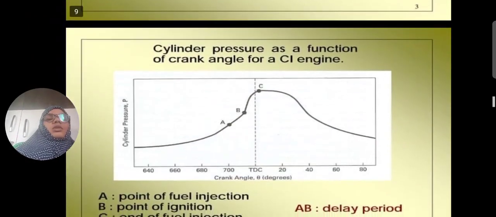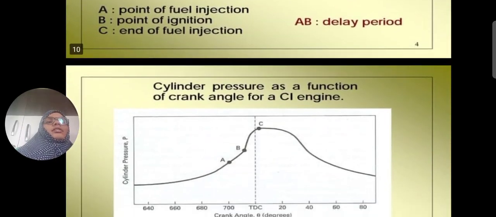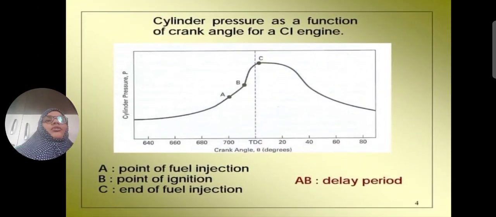And next one, this is the graph of cylinder pressure as a function of crank angle for a CI engine. A means point of fuel injection, B means point of ignition, C means end of fuel injection, and AB is the delay period.